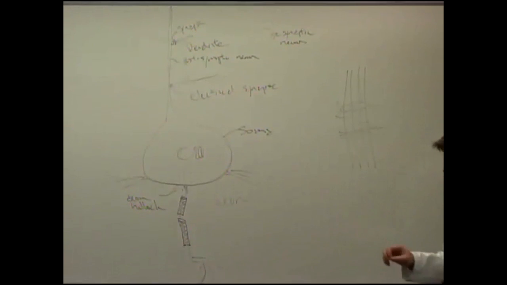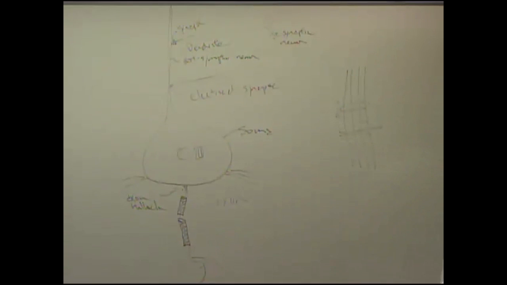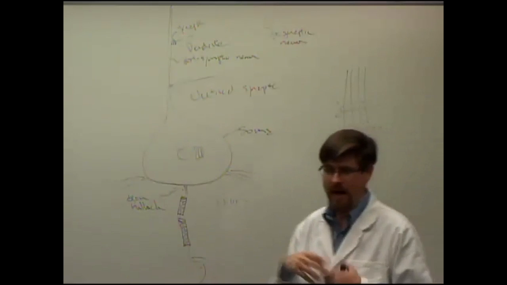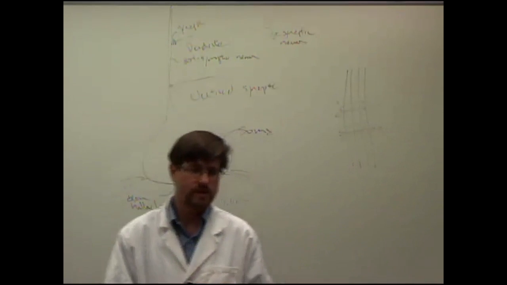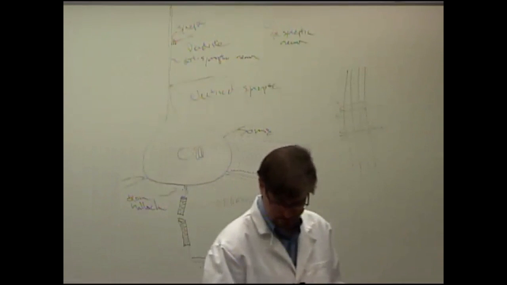The density of ion channels is highly balanced to maintain the minimum amount of energy while maintaining the maximum probability of the action potential reaching the end. So it's an interesting problem.